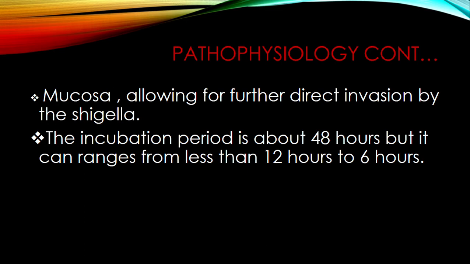As a result, a patient will start to have blood and mucus in the stool. So in summary, that's how we can summarize the pathophysiology of dysentery. Now, the incubation period is about 48 hours, but it can range from less than 12 hours to 6 hours.